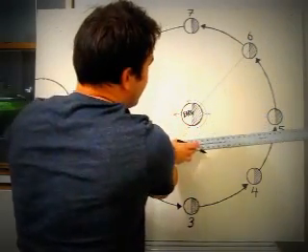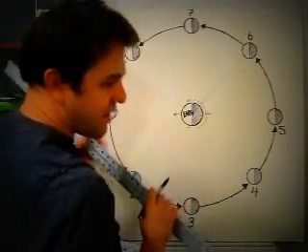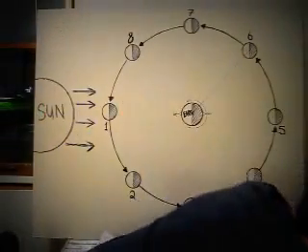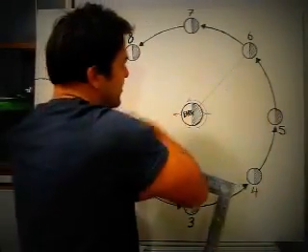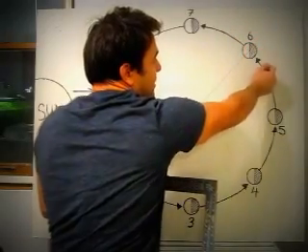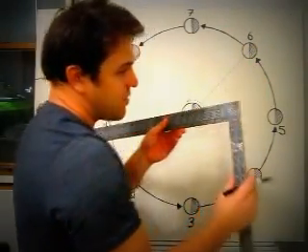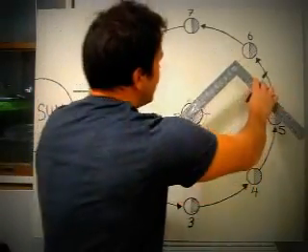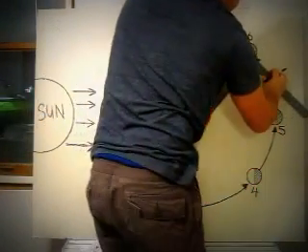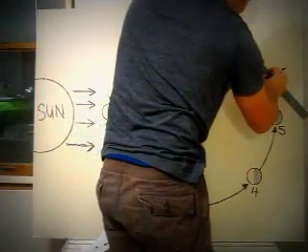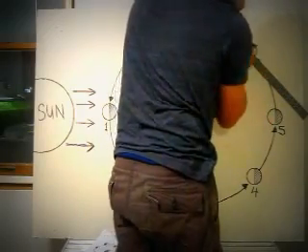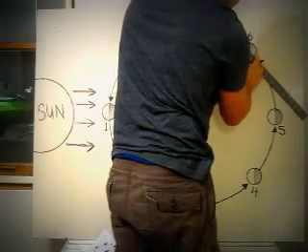And then what we want to do next is turn this into a T, so we're going to draw a line there, and this line should be at a 90-degree angle to this. I have a builder's square here just to show you exactly what I mean. Of course, you don't have to use a square, you're just going to do a T, but I'm trying to emphasize the fact that it's a 90-degree angle.